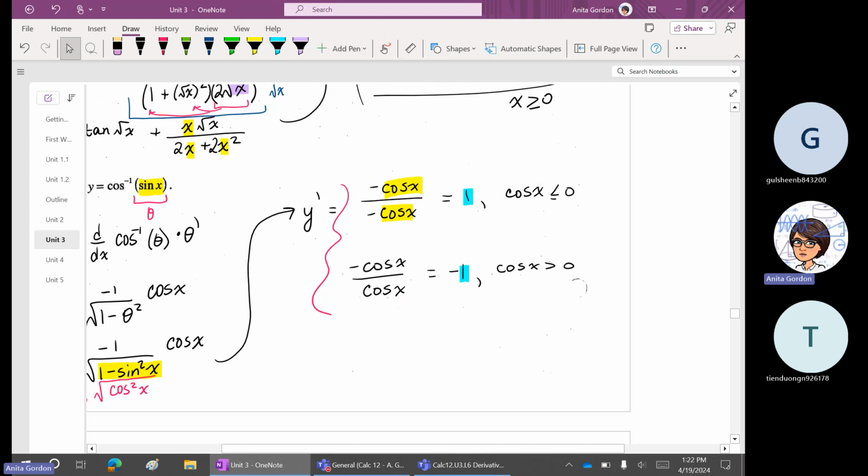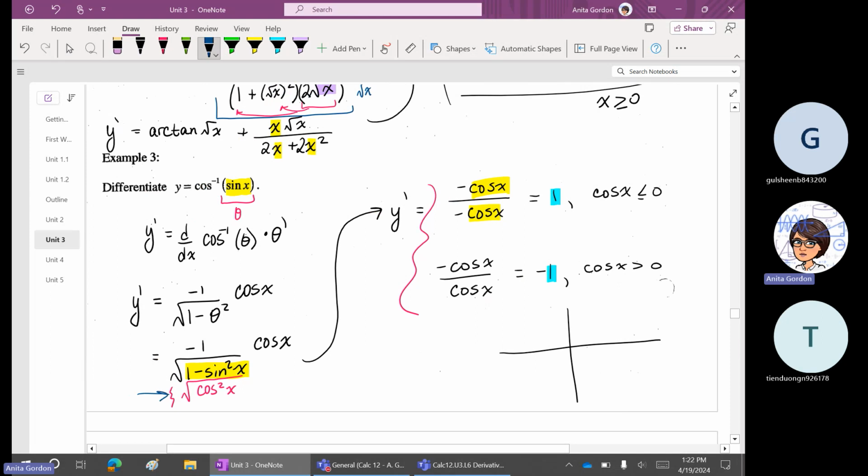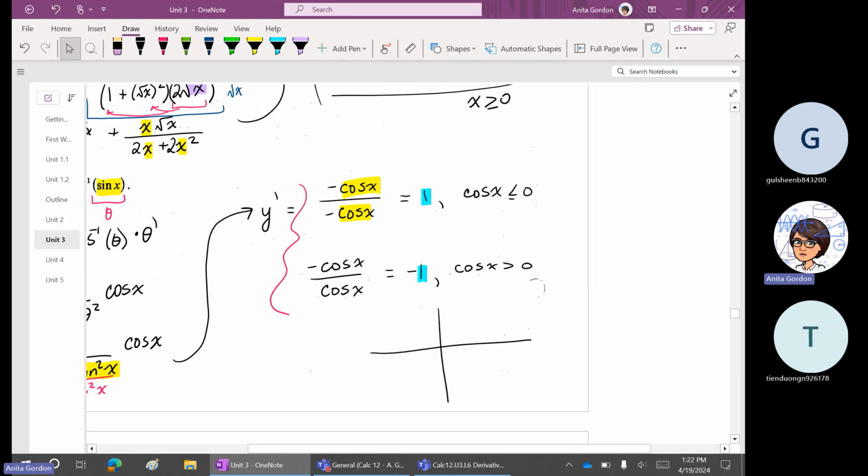It's just whether or not it's positive or negative 1. This is a piecewise jump equation. This is saying if the square root of cos squared ends up being positive, then the derivative is negative 1. And if it's negative, then it's positive 1.